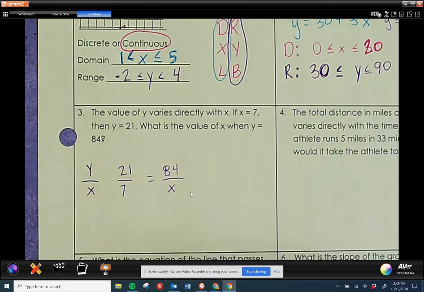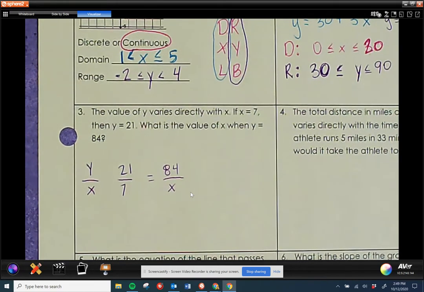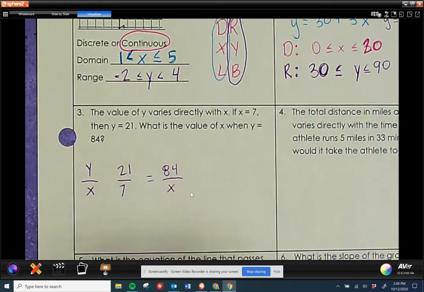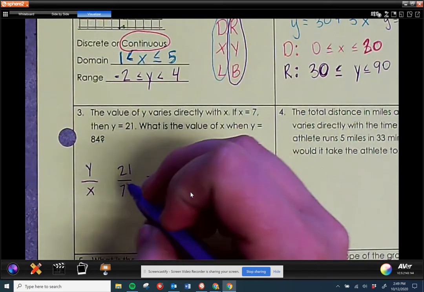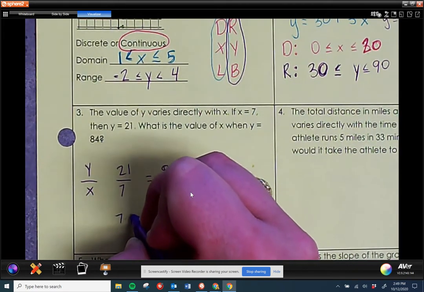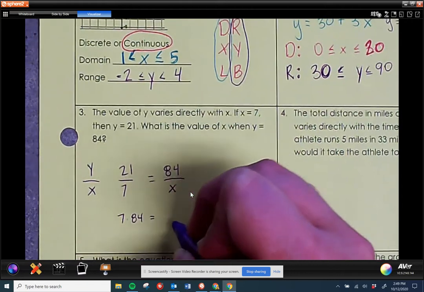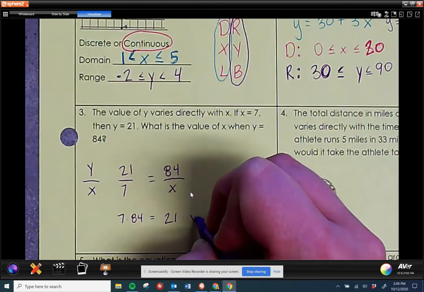Okay, so we are going to cross multiply and then divide, right? So in order to cross multiply, we are going to use what you might have been taught in earlier grades. It's called the butterfly method. Okay, and we're going to do 7 times 84 equals 21 times x.